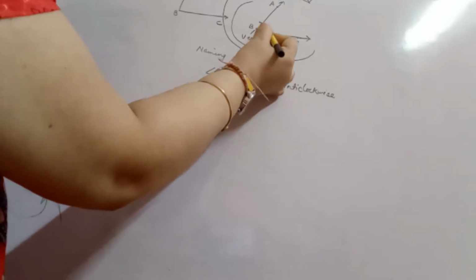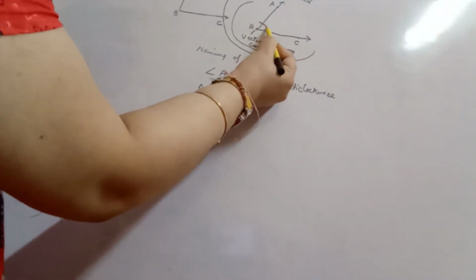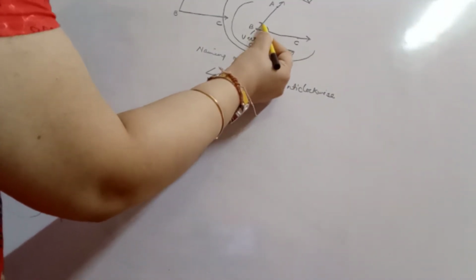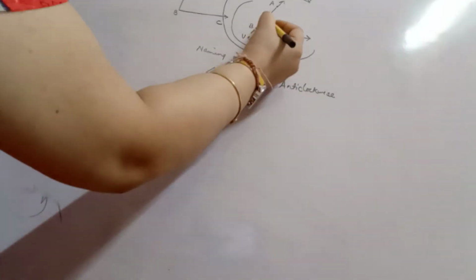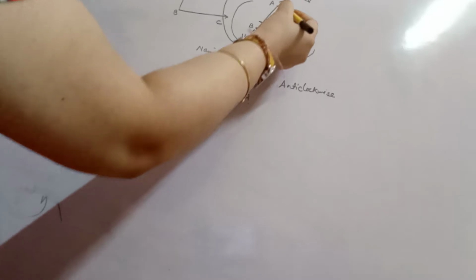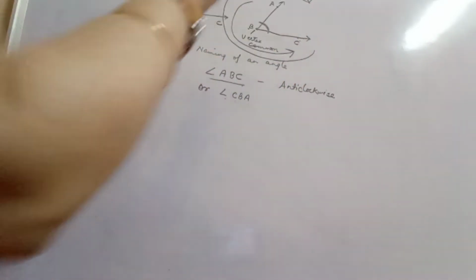Now next, whenever you are asked to mark an angle, how do we mark it? In this way, we start from one arm and go to the other arm. So if I mark this angle, you will name it as ABC or CBA.